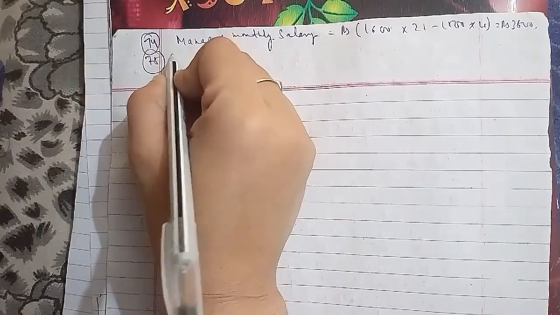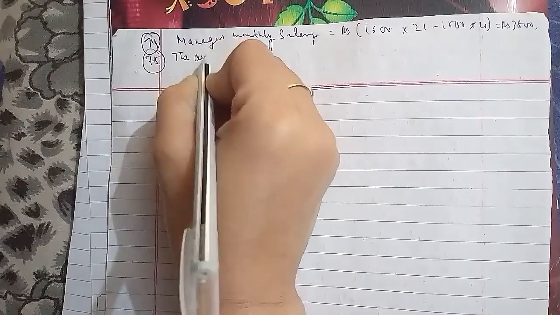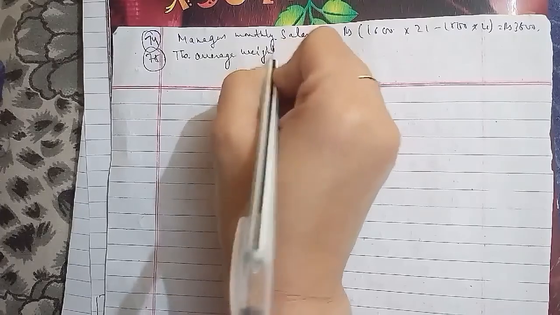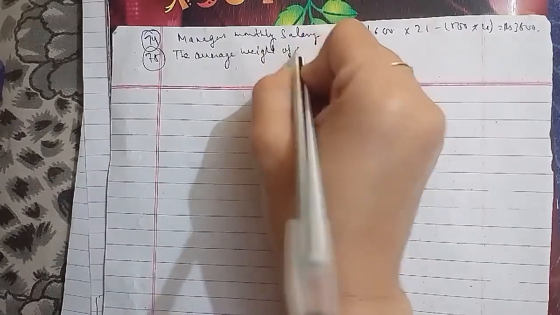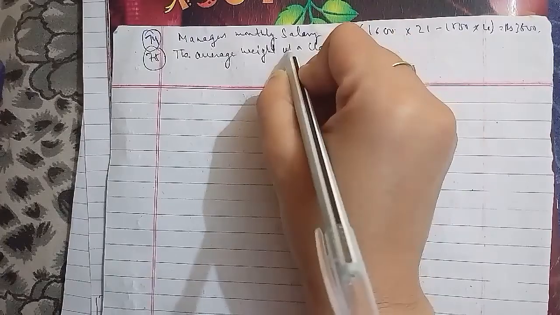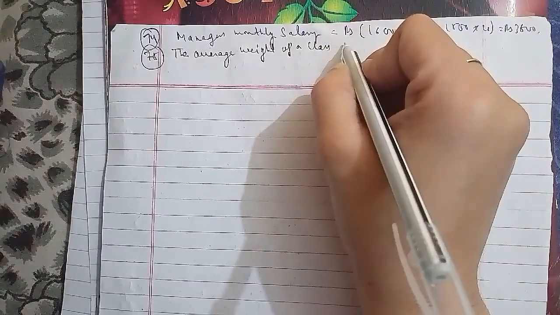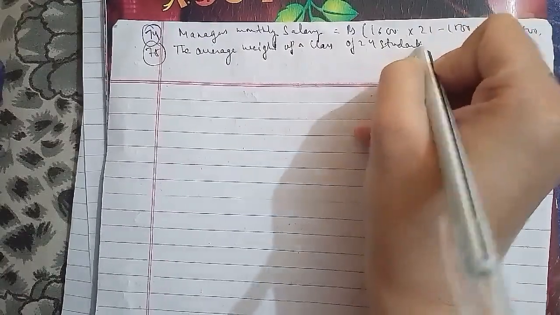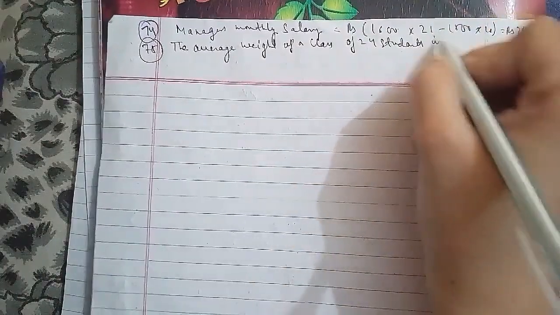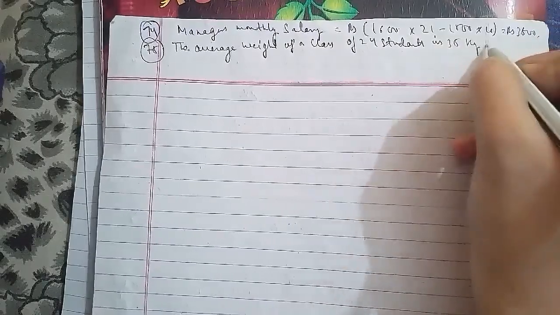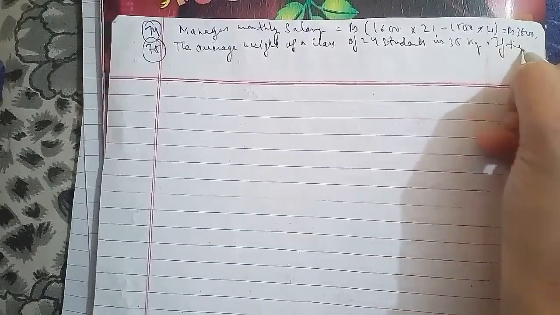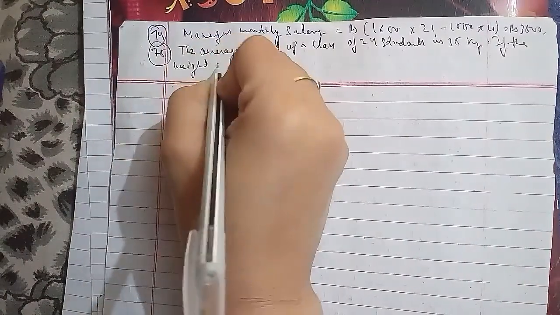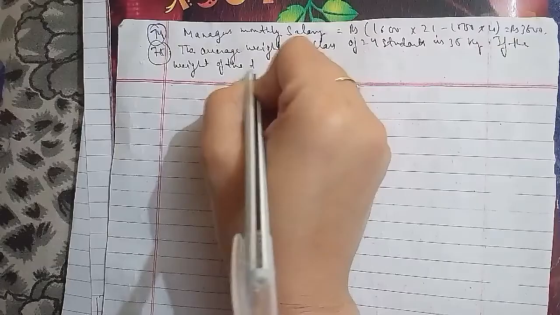The average weight of a class of 24 students is 35 kg, if the weight of the teacher is included.